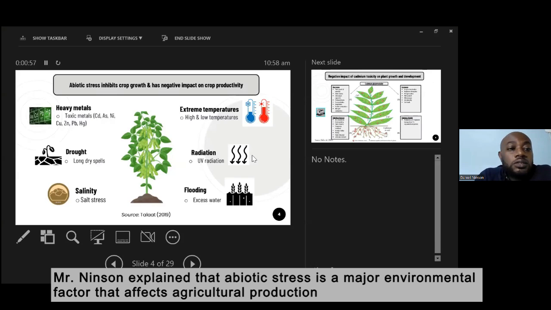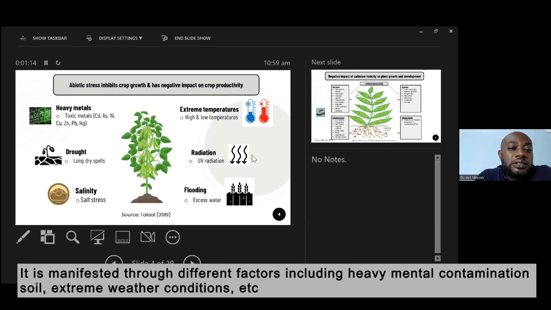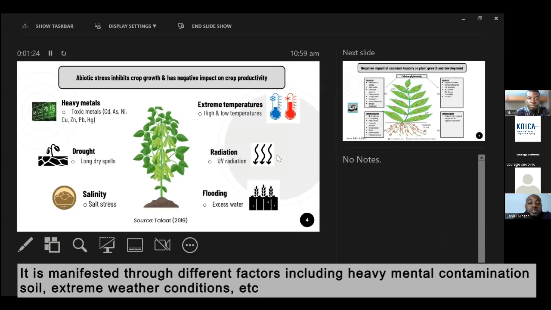So abiotic stress is a major environmental factor that influences agricultural production and precisely crops. And it's manifested through different factors, heavy metal contamination in soils through to extreme weather conditions, basically temperatures.